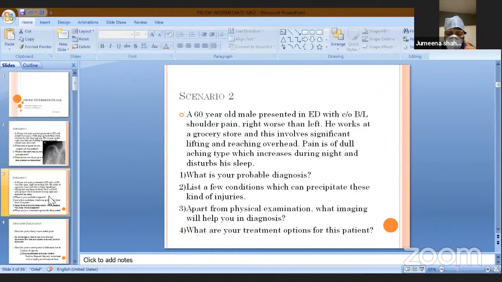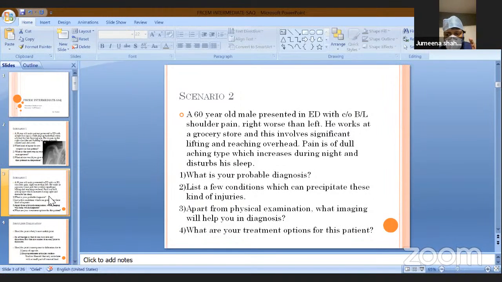But in this scenario, if you are asked what is your probable diagnosis, they'll only consider one diagnosis, and that might not be only a single one.